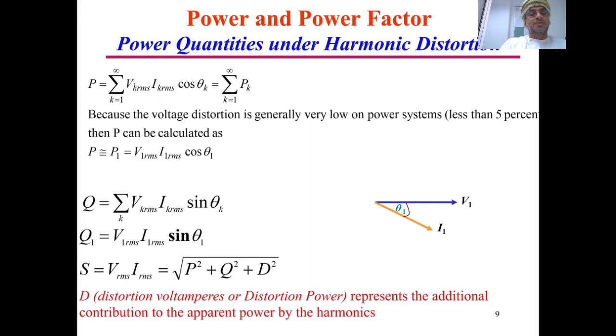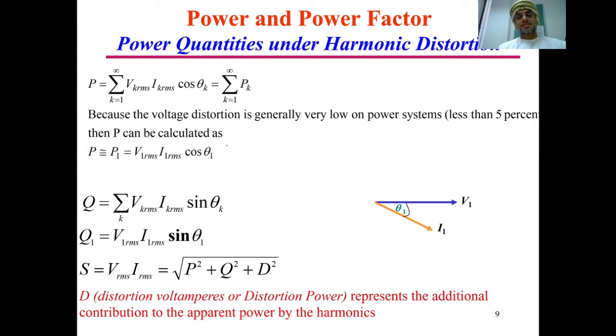So the average power will be equal to V root mean square K, I root mean square K, where K represents the harmonic order, cosine the angle between the voltage and current. Then we take the summation of those, and that gives us the average power.